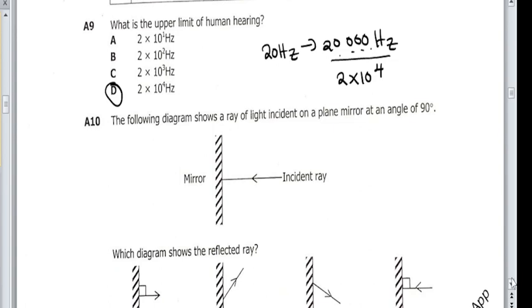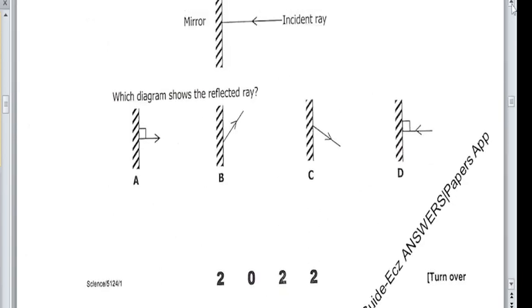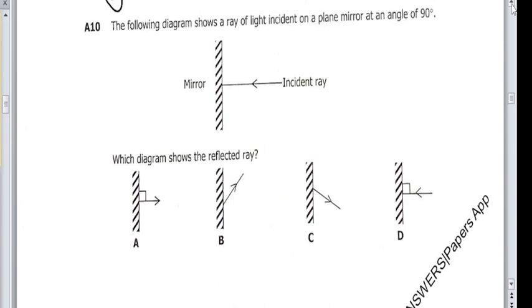We proceed. We go to the next question, which is question 10. Question 10 reads, the following diagram shows a ray of light incident on a plane mirror at an angle of 90 degrees. So this is the diagram we have. Which diagram shows the diffracted ray? Now look, this one is going at an angle of 90 degrees like this.